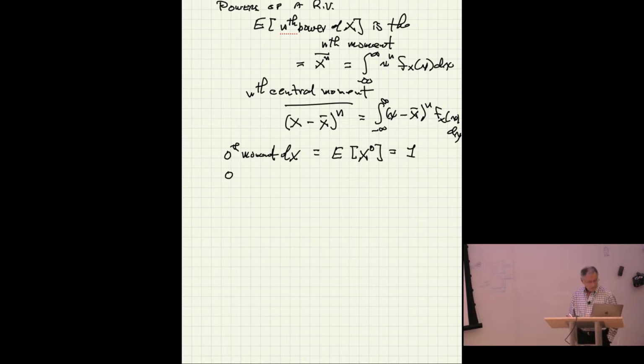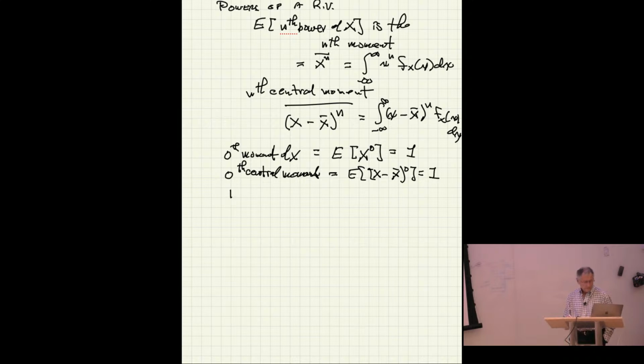The 0th central moment is defined as expectation of x minus x bar to the 0th power, which of course is x bar minus x bar, which is 0. I'm sorry, which is 1. It's not this. This is just 1. The whole thing is 1.